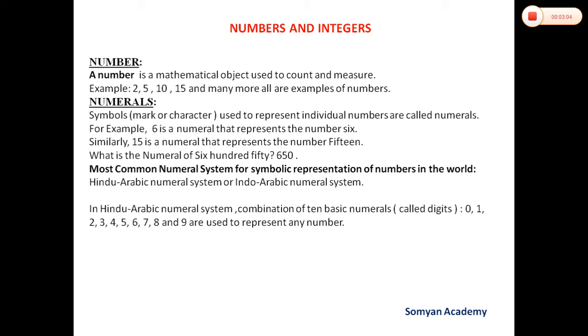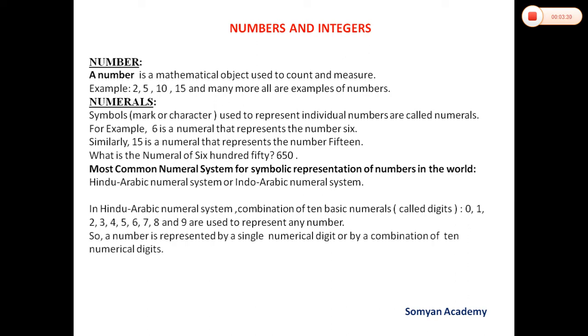So we can see here that a number can be a single digit number like 2, 3, 4, or a number can be formed by a combination of the digits like 0, 1, 2, 3, 4, 5. So a number can be a single digit number or a multi-digit number.